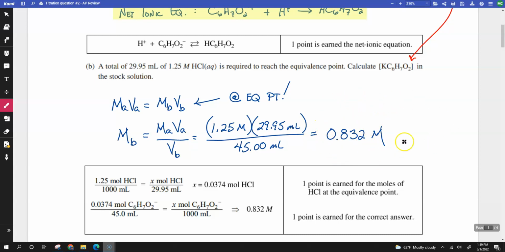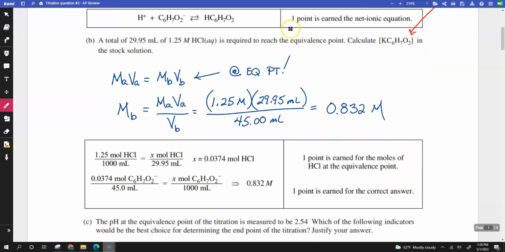So that means that the potassium sorbate had to have been at a 0.832 molar concentration. And you can see how you earn your points. But again, if you show this MAVA, you get both points. So you don't necessarily have to go through and find out how many moles of hydrochloric you have. But again, if you wish to, there's more than one way to solve these equations.